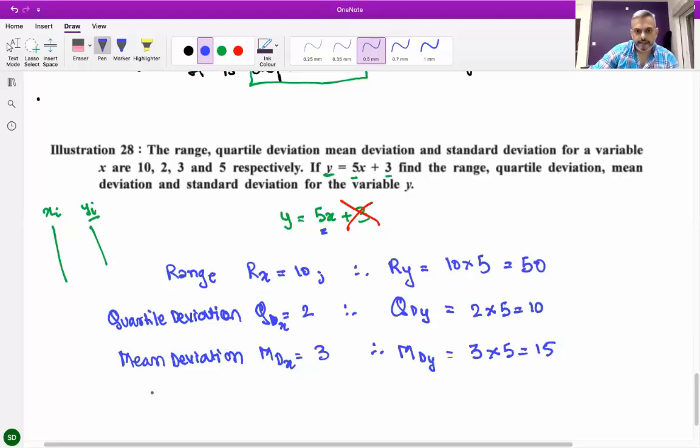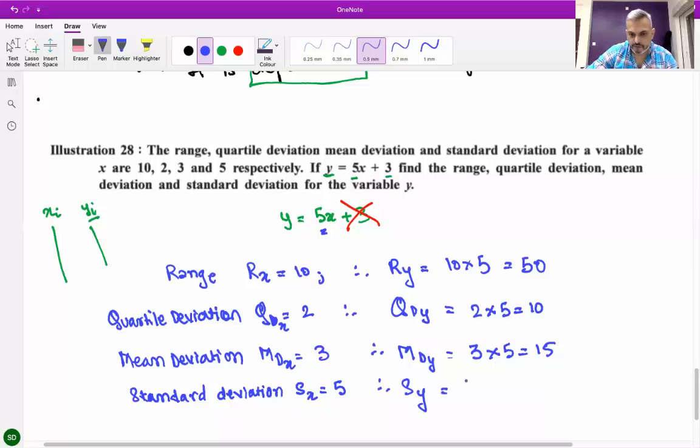And then standard deviation. The standard deviation of x is equal to 5. Therefore, standard deviation of y is equal to standard deviation of x into 5, which is equal to 25.